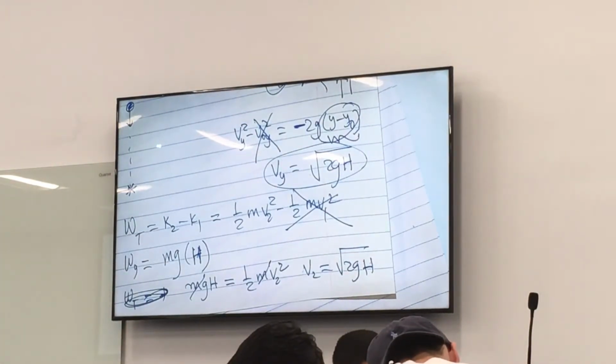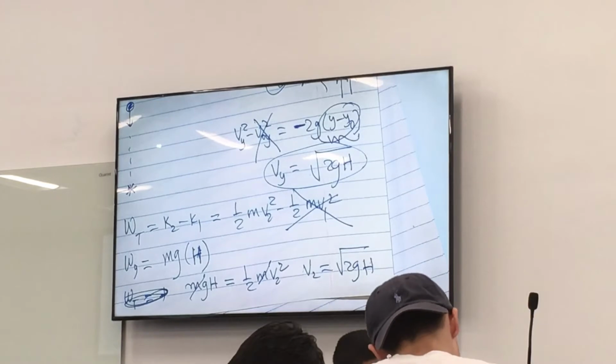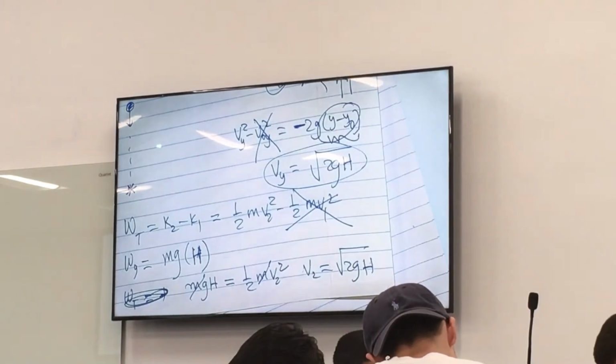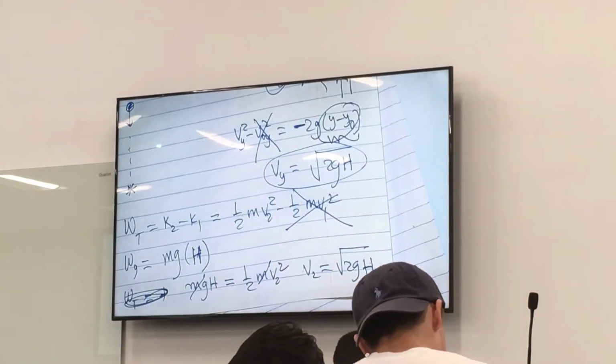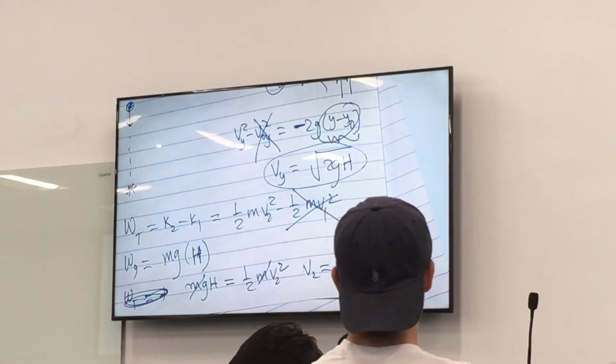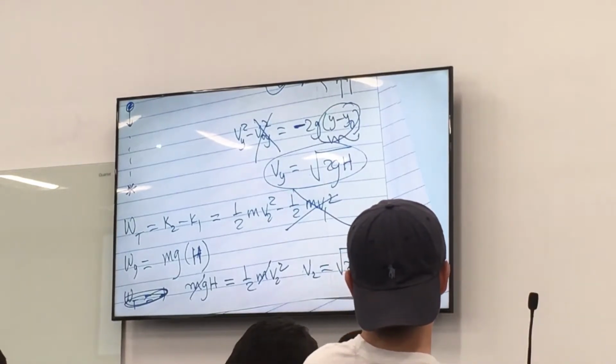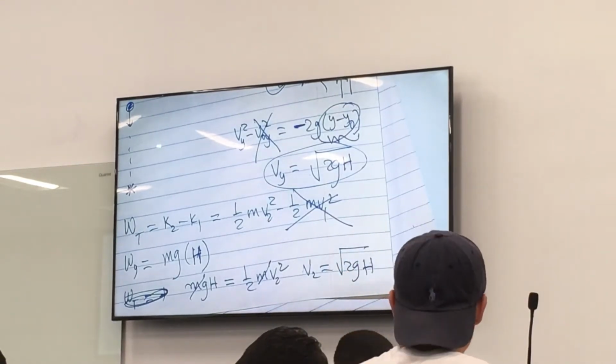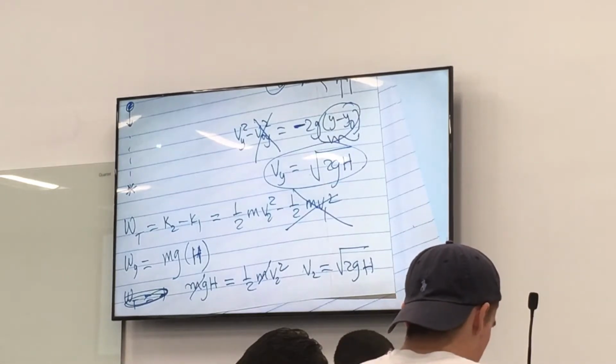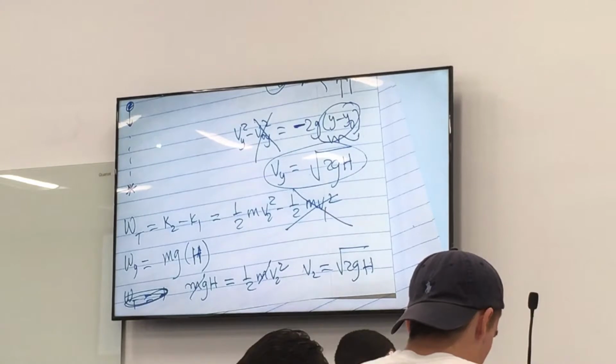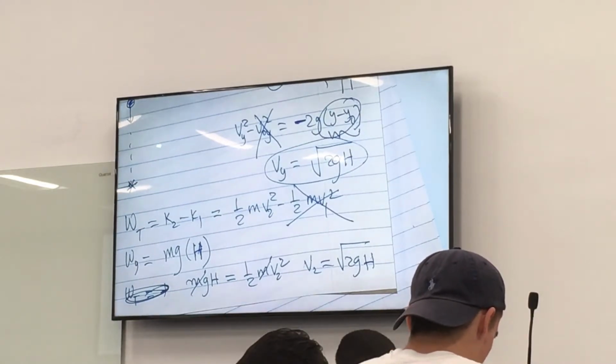Maybe it is reflected in the acceleration; maybe it's not exactly 9.8, maybe the acceleration is now 8.2 because of the resistance. But here you can calculate the work done by friction, calculate the work done by gravity, add them together, set them equal to K2 minus K1, and calculate the new velocity.